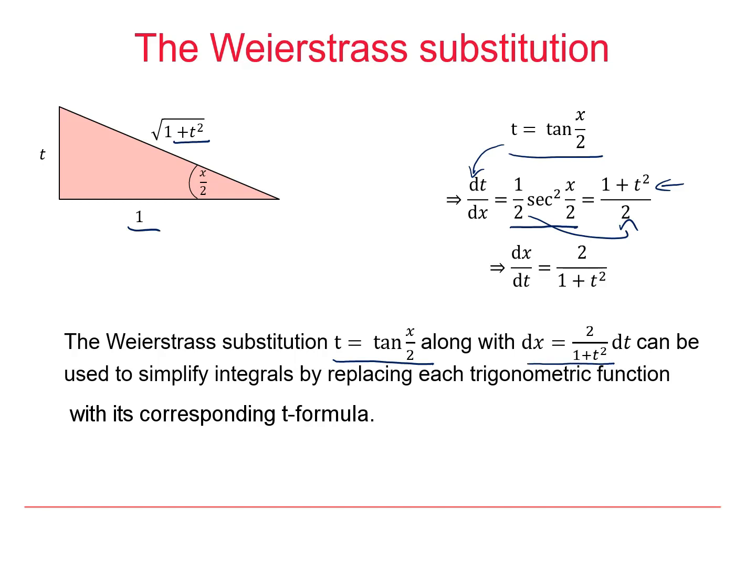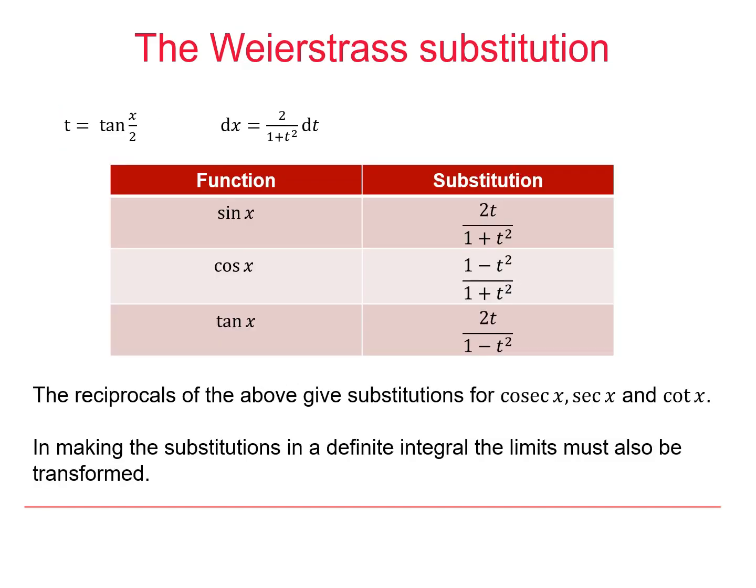And of course, using the t formulae, we can replace all the other trigonometric functions as well. So if t equals tan x over 2 and dx equals 2 over 1 plus t squared dt, we need to know the substitutions for all the other trig functions as well. And here they are.